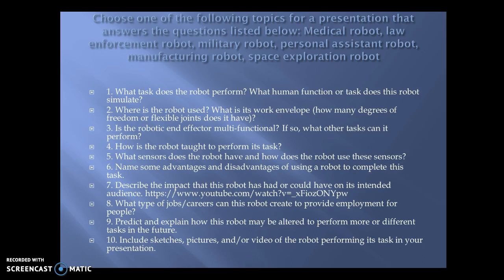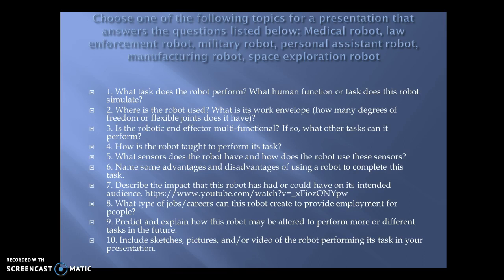The categories are as follows: medical robot, law enforcement robot, military robot, personal assistant robot, manufacturing robot, and space exploration robot. For space exploration robot, for example, the Mars rover would be a good example.